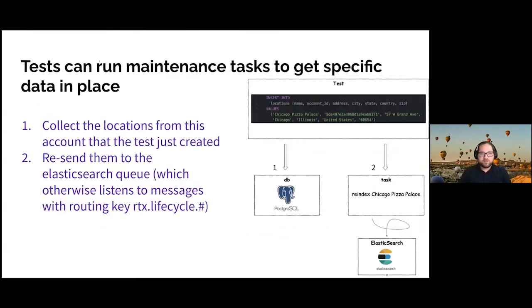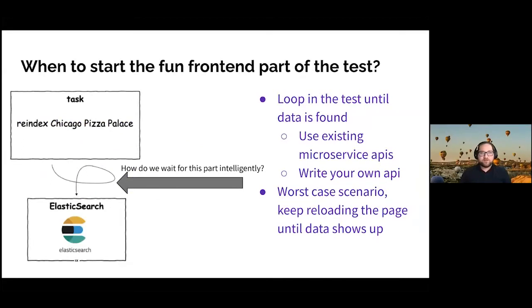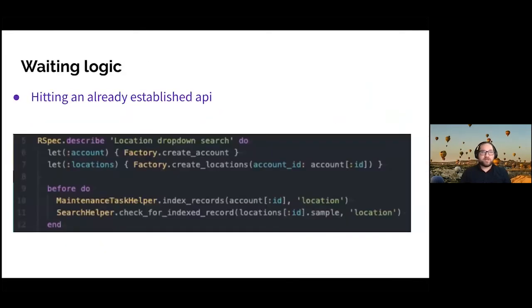And by waiting logic, I'm talking about how do we wait for that asynchronous thing intelligently from the test perspective. So here's a sample of what that might look like. We have this thing called maintenance task helper that is the thing that runs that maintenance task to send all your locations to Elasticsearch.